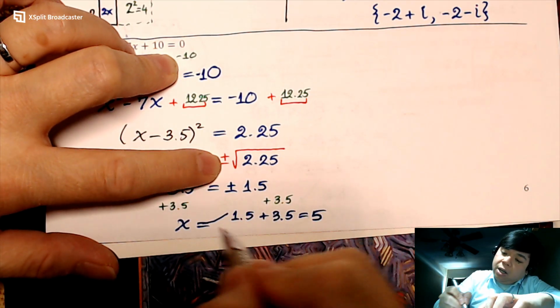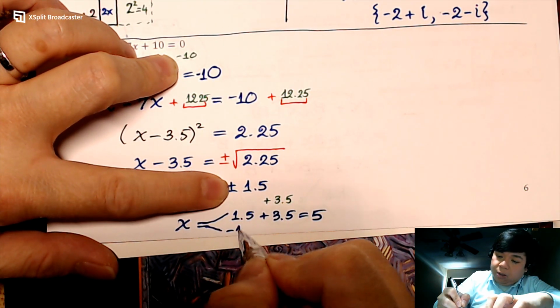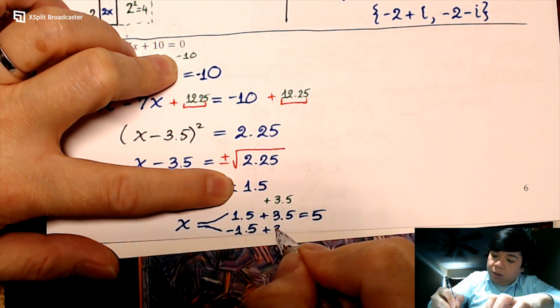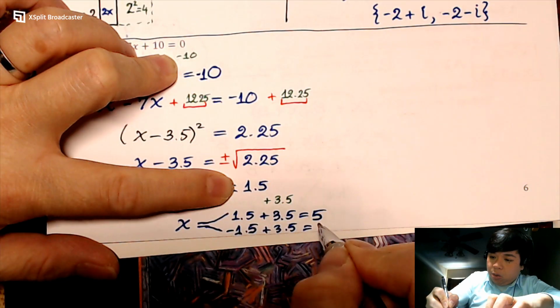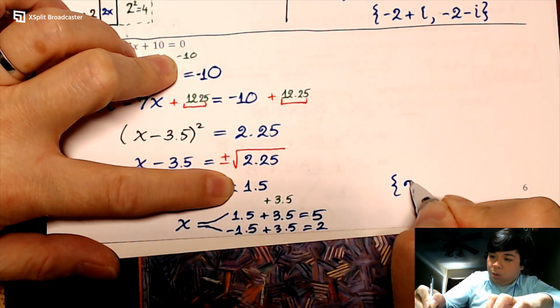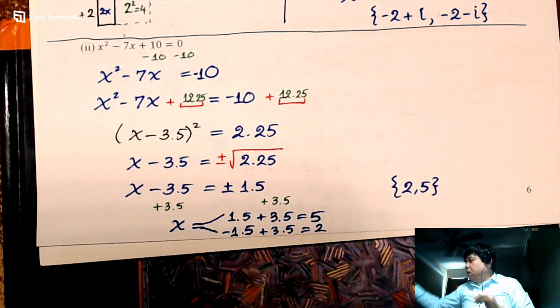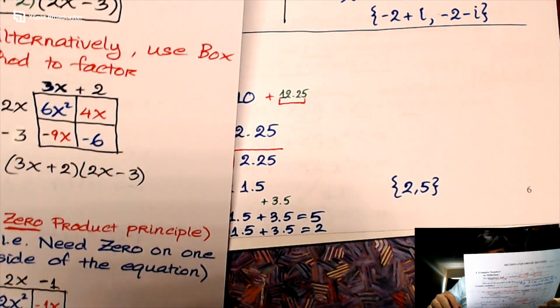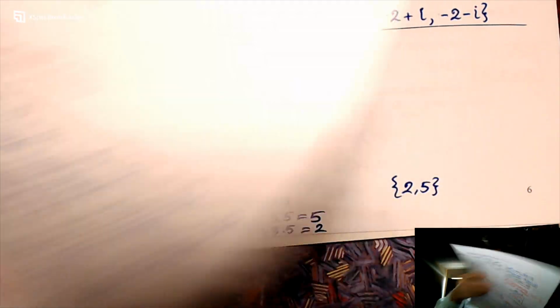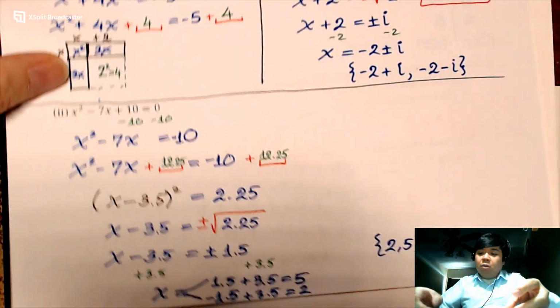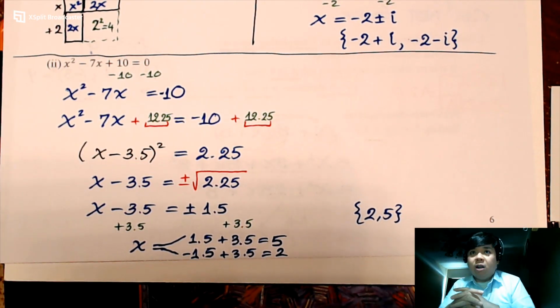And then negative 1.5 plus 3.5, well, that is 2. So the solution is 2 and 5. As you see, we did this problem earlier using the factoring method, and we have 2 and 5. So yeah, completing the square also gets 2 and 5.